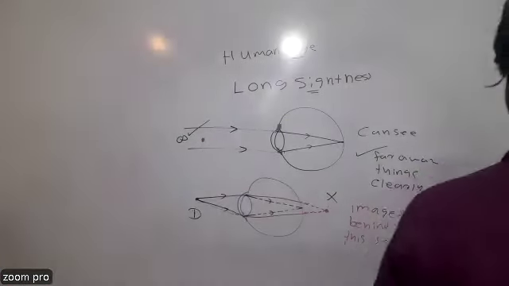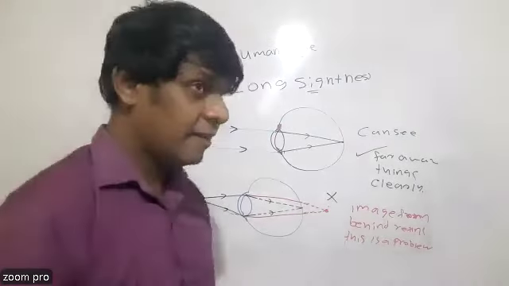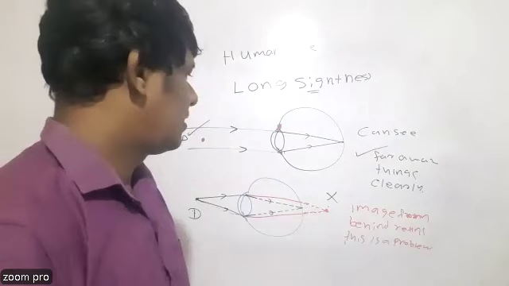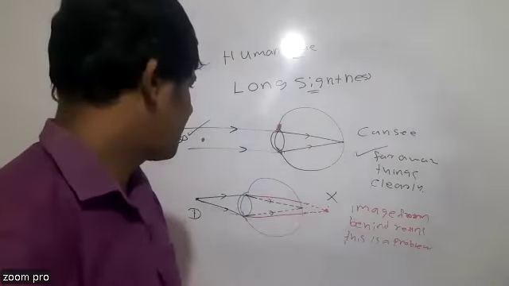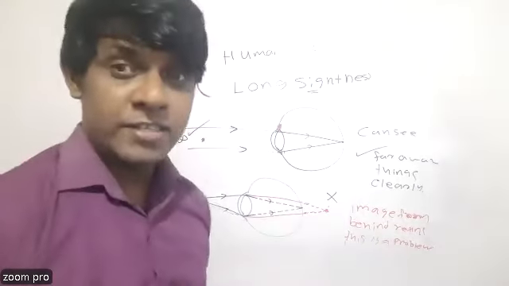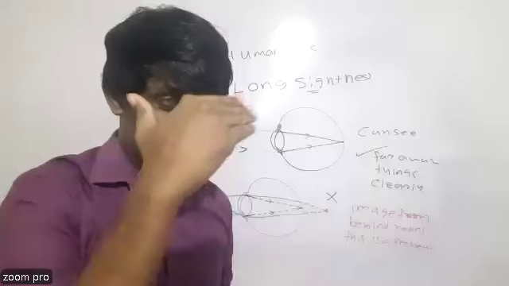Now, the actual problem behind this can be that the eye lens is a thin one. There are two reasons. Write this in a new line.